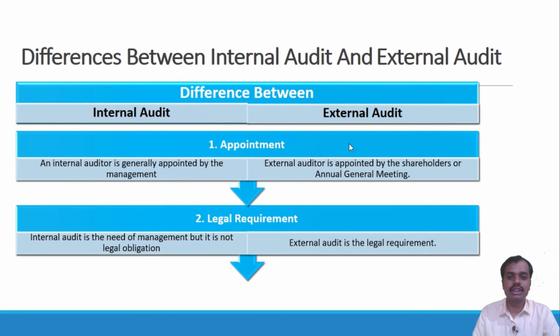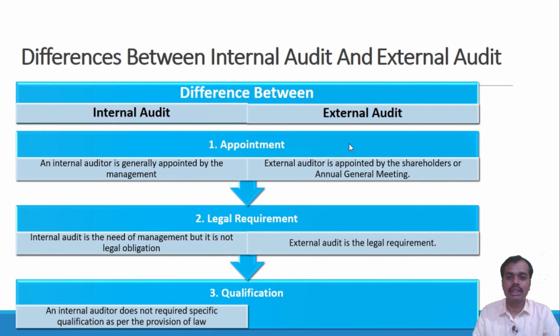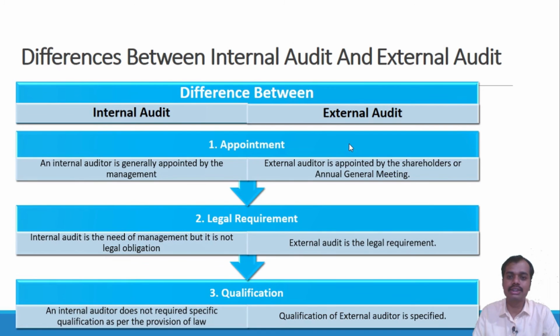External audit is the legal requirement. Next is qualification. An internal auditor does not require specific qualification as per the provision of law. Qualification of external auditor is specified, that is, he must be chartered accountant.